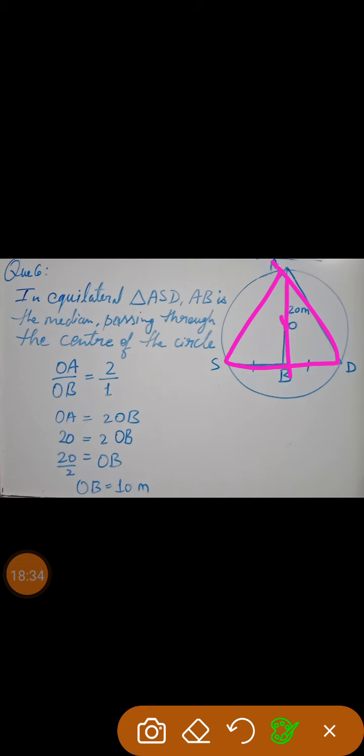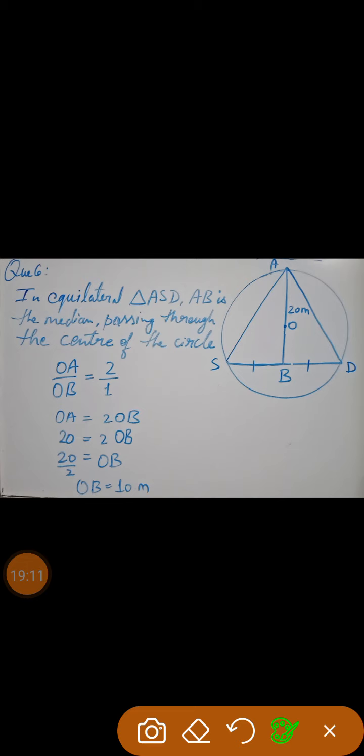So this will divide the median in the ratio of 2:1. It is not showing because the figure is not drawn properly; it is drawn freehand. It will divide this in the ratio of 2:1. Now we are writing OA by OB is equal to 2:1, or 2/1. It is written here in this way.